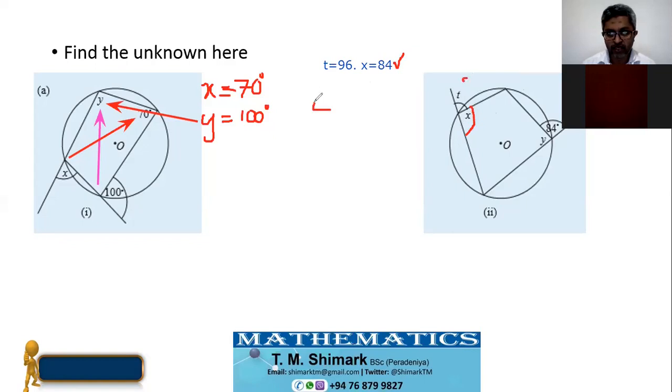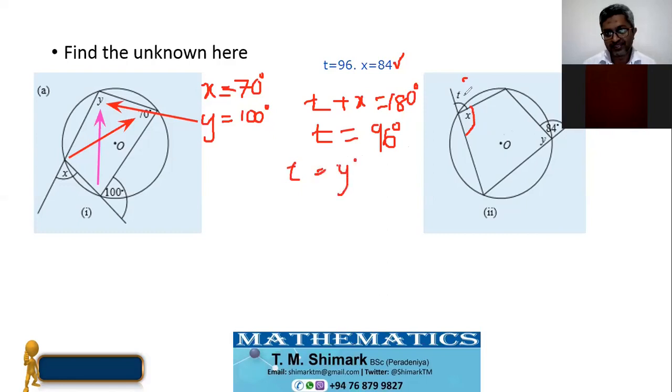So t plus x is going to be 180. We got x as 84, so t is going to be 96. So x we put in and then we get t. And then with t we can find y. t equals y.